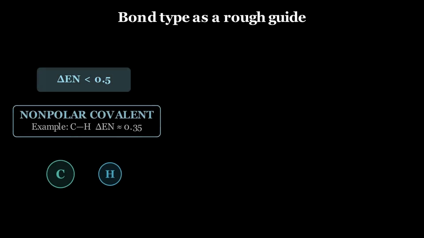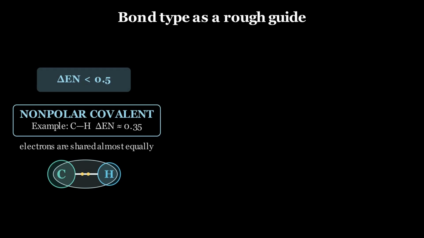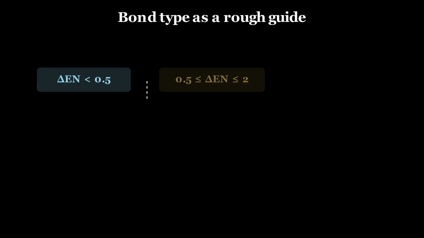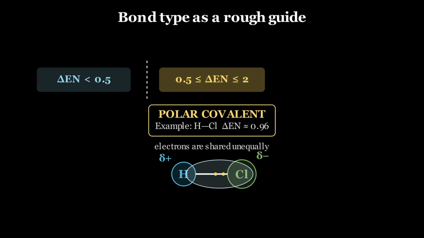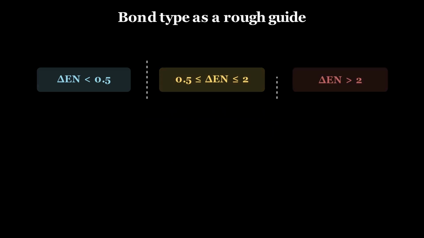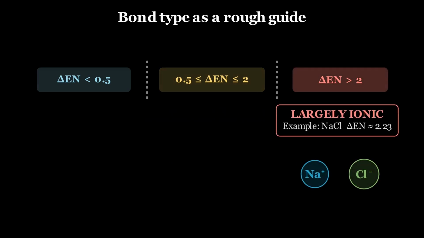As a rough guide, bonds between atoms whose electronegativities differ by less than 0.5 are non-polar covalent bonds, those that differ by 0.5 to 2 are polar covalent bonds, and bonds between atoms whose electronegativities differ by more than 2 are largely ionic.